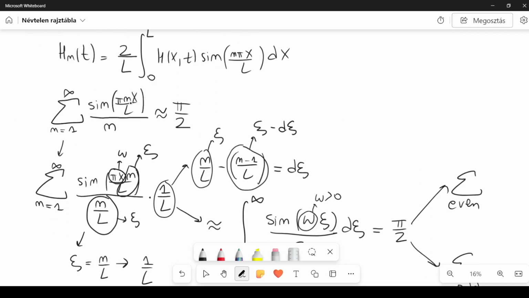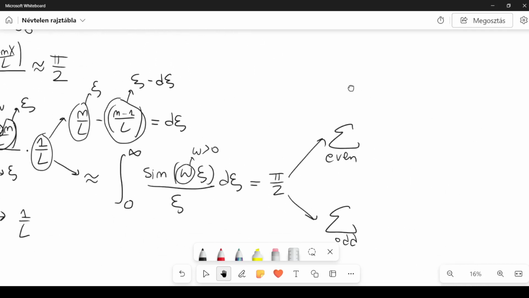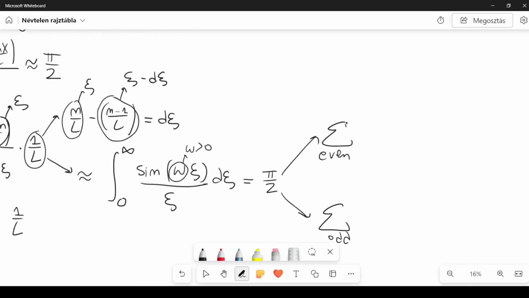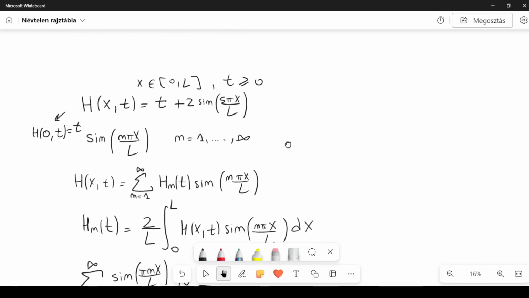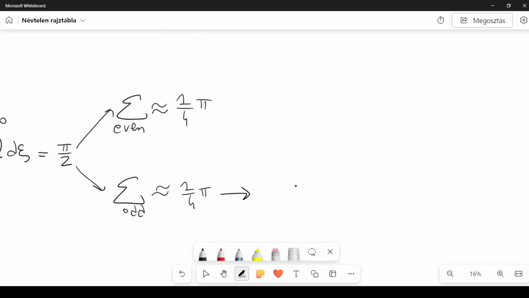And since L is very large, the difference between these two summations will be small. So approximately this will be 1 over 4 times pi, and this will be approximately 1 over 4 times pi, so pi over 4, whatever. And this is what we are going to use.